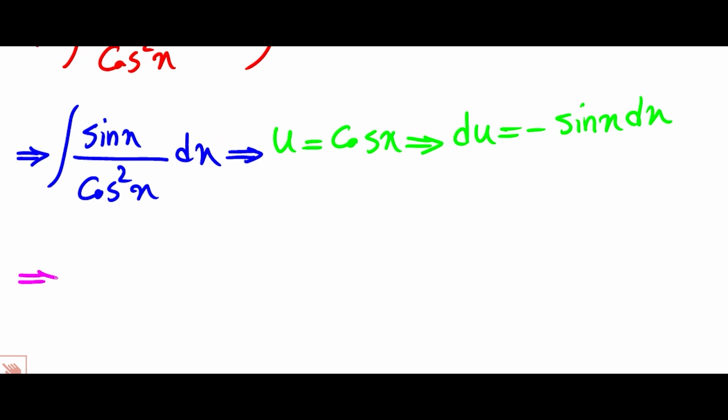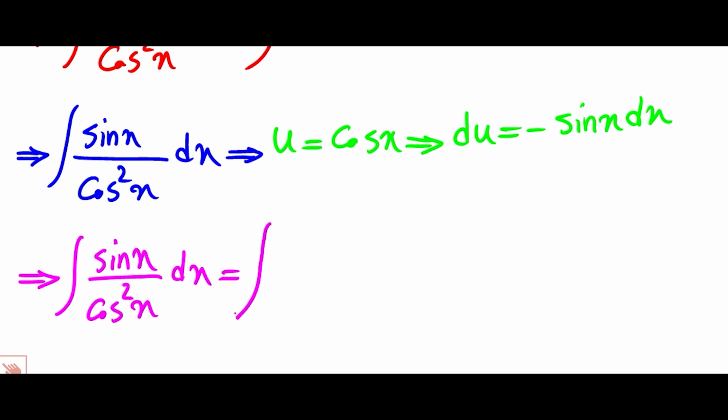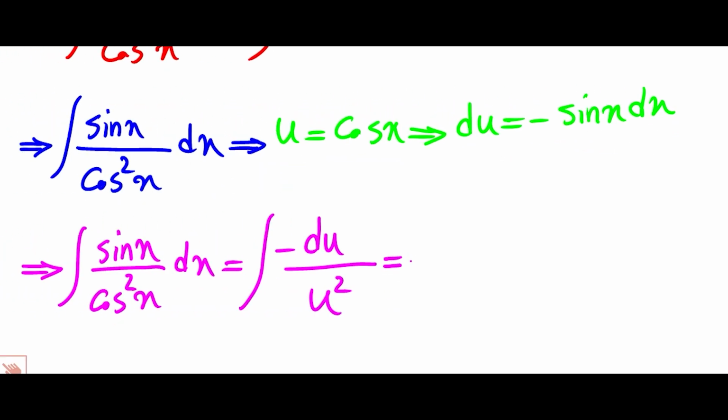So the integral of sine of x over cosine squared of x dx equals the integral of sine of x dx, which is negative du, over cosine squared of x, which is u squared. So we have negative the integral of u to the power of negative 2 du.